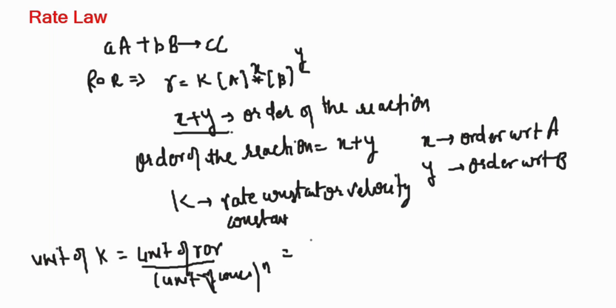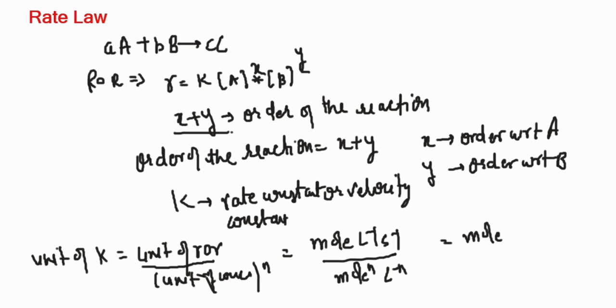So it comes out to be mole per liter per second divided by mole raised to the power n and liter raised to the power minus n. So it comes out to be mole raised to the power 1 minus n, liter raised to the power n minus 1, and second raised to the power minus 1.